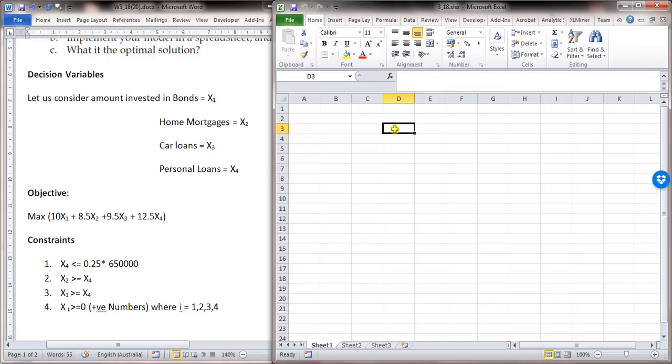Let's write the rates here, then the amount invested. So these are bonds, mortgage, car loan, and personal loans.